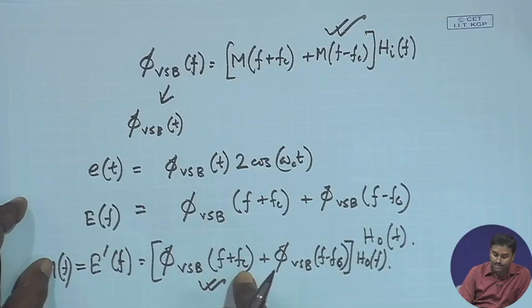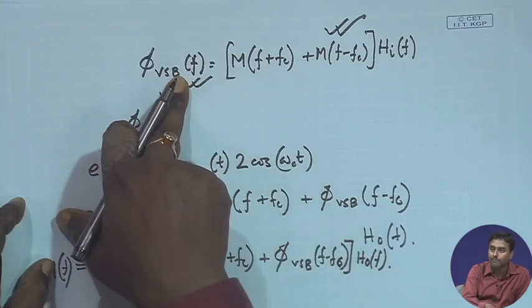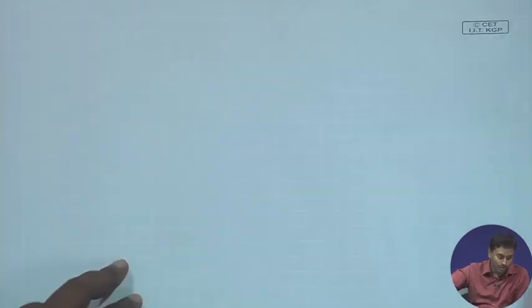So, what do we get? In phi VSB(f plus Fc), let us replace f by f plus Fc, and for f minus Fc let us replace f by f minus Fc and put it over here. That is all we will be doing.